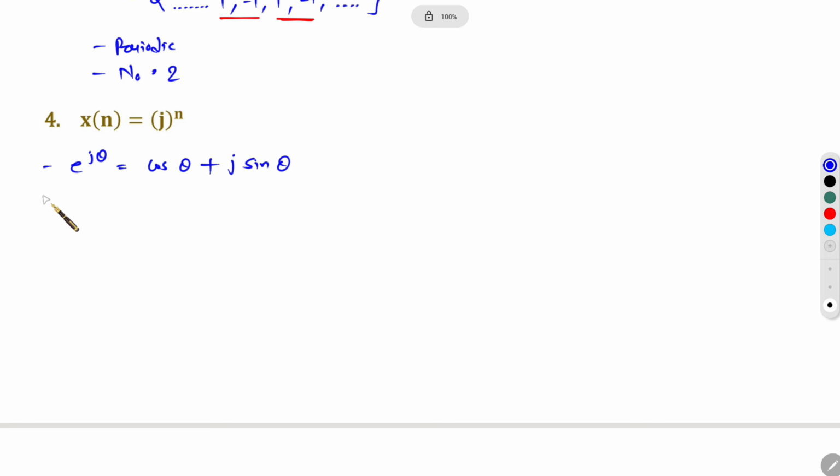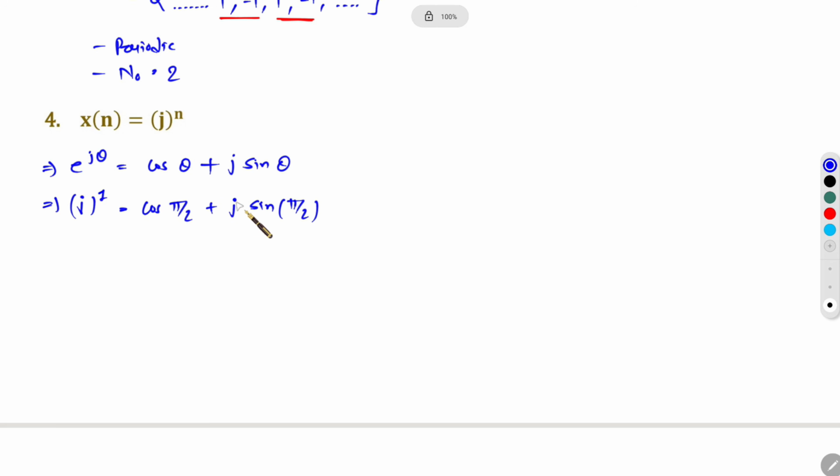Now if I consider j to the power 1, what does it mean? With cos theta plus j sin theta, if I consider theta is equal to pi by 2, then cos pi by 2 is 0, plus j sin pi by 2, that is 1.